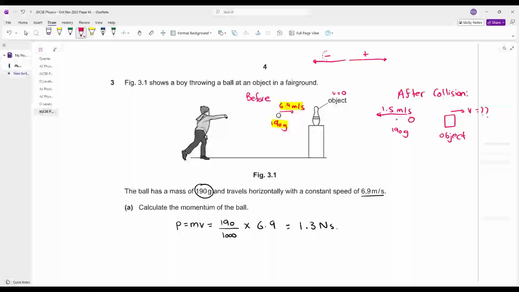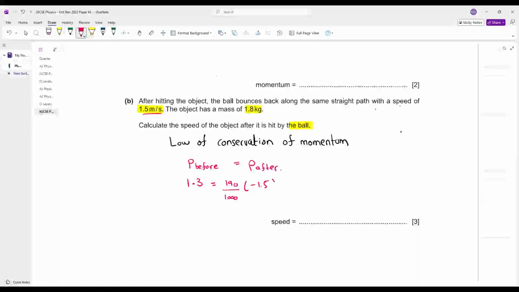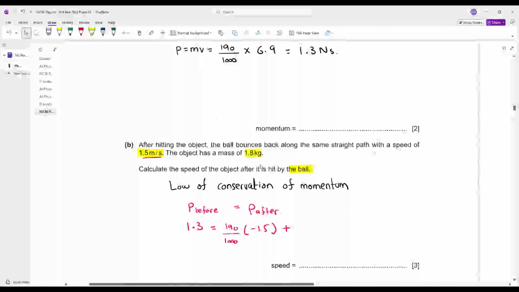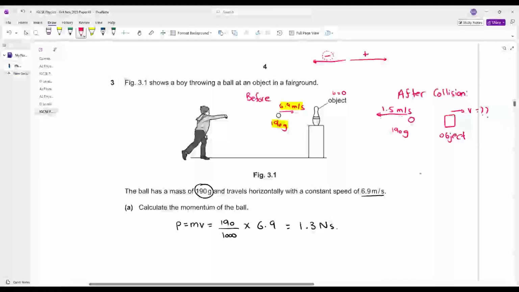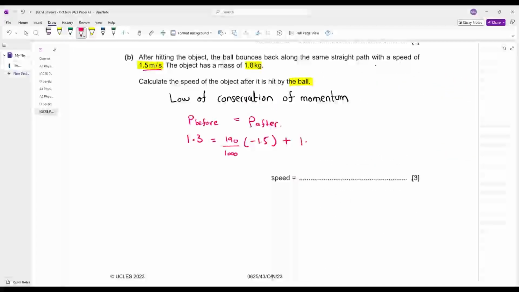Left side vectors we have taken as negative, so this will become negative 1.5, plus the momentum of the object. The object has a mass of 1.8 kg. It is traveling towards the right with a speed of v. So plus 1.8 v.